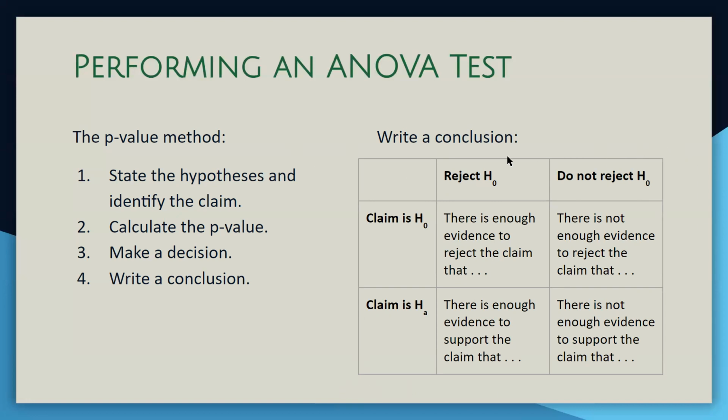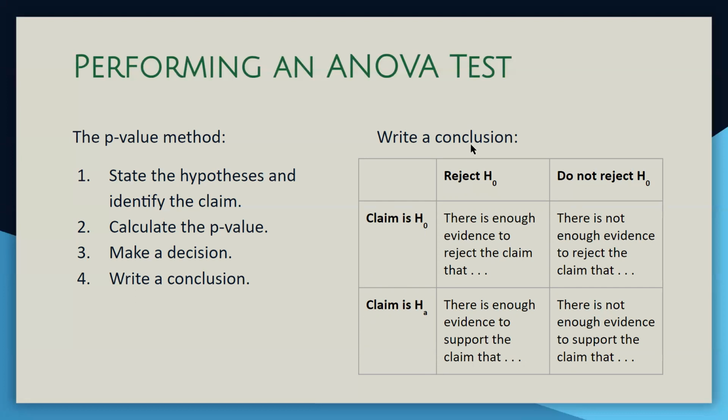And this works for pretty much every hypothesis test we're performing except the test of significance. But even with the test of significance, you can use this. And it's sorted by the decision that we made in step 3, reject the null or not reject the null, and then whether it was the null as the claim or the alternative as the claim.